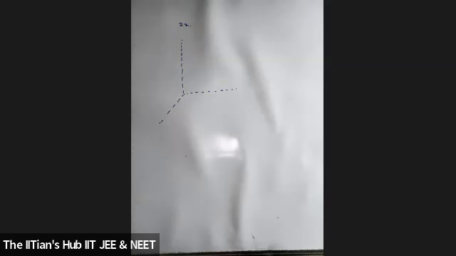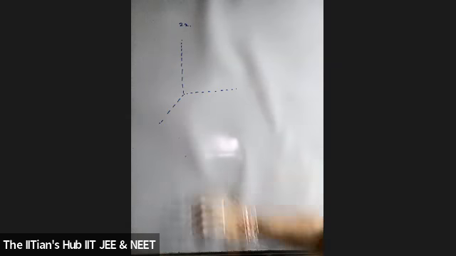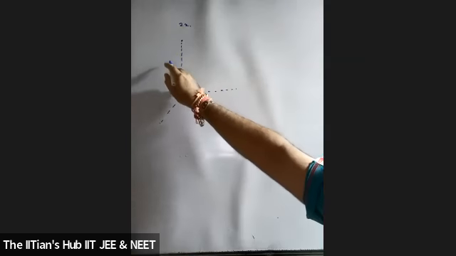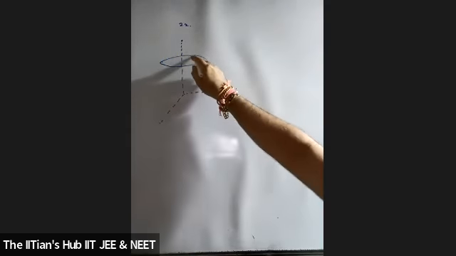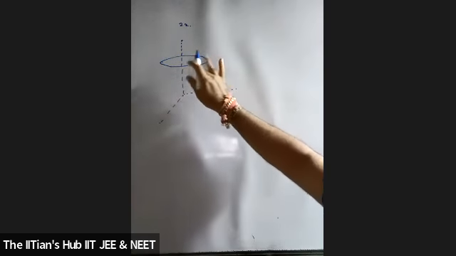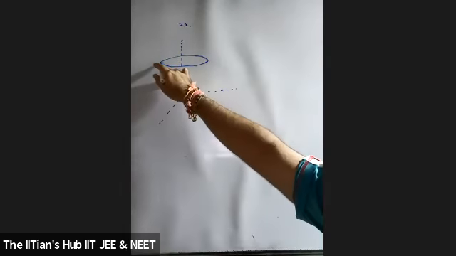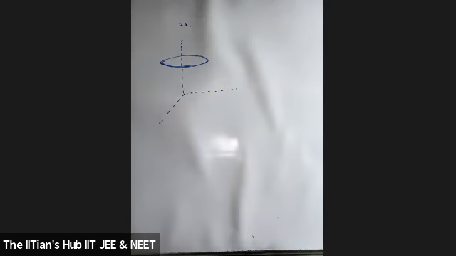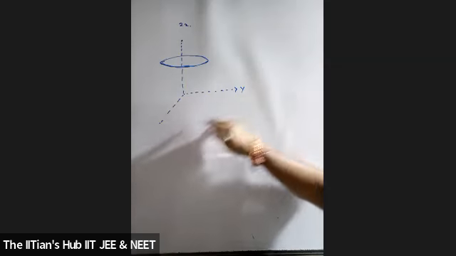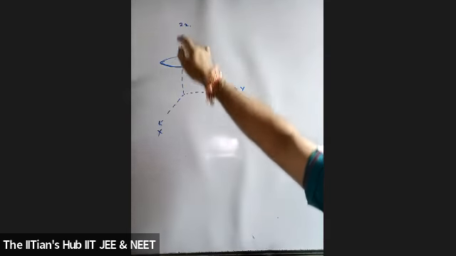The upper end of a string of a simple pendulum is fixed to a vertical z-axis and set into rotation. Suppose if I say I have kept this and the body is set to rotate in a horizontal plane. This is the y-axis, this is the x-axis, and this is the z-axis.